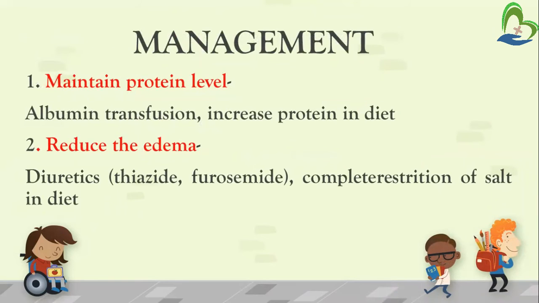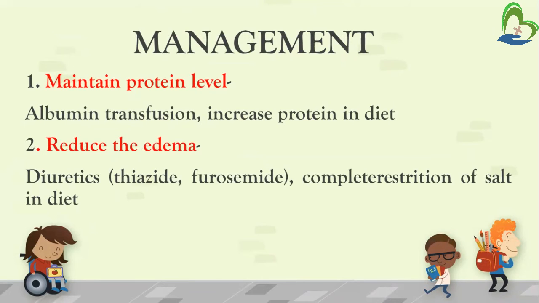Then management: how can we manage nephrotic syndrome? First thing is to maintain the protein level: albumin transfusion and increasing the protein in the diet. To maintain the protein level, we can transfuse albumin or increase protein in the diet.